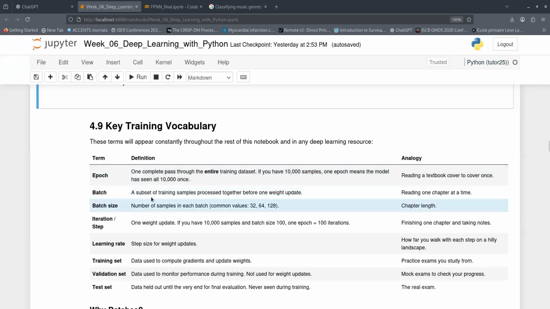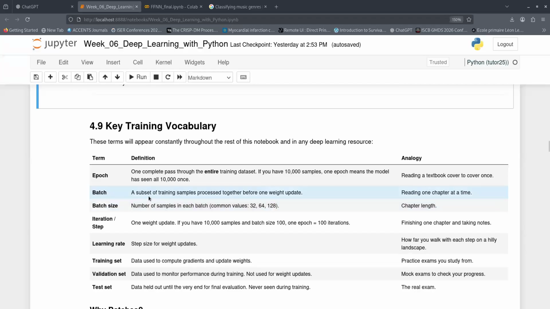So the batch is a subset of training samples processed together before one weight update. And you have the batch size, which will always be 32, 64, 128.